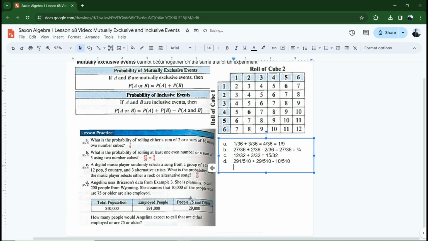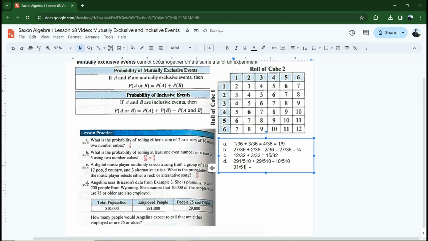All right, so what's my probability? Okay, so let's do the math here. 291 over 510 plus 29 over 510 is going to be 320 over 510. 320 minus 10 over 510 is going to be 310 over 510. And I can simplify this fraction by simply getting rid of this trailing zero, because I just divide the numerator and denominator by 10.